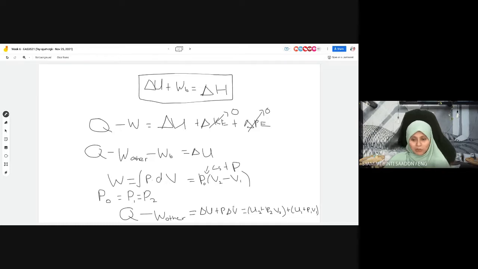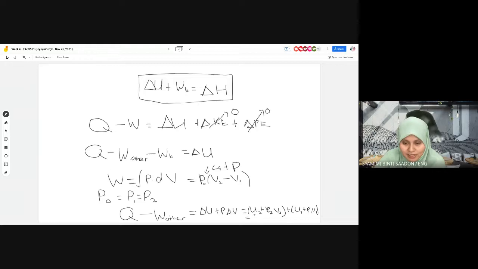Because P1 and P2 are the same, which is the P initial, we can write it like this, P2 even though it's the same value, V2 minus V1. So this part and this part is the enthalpy, H2 minus H1.